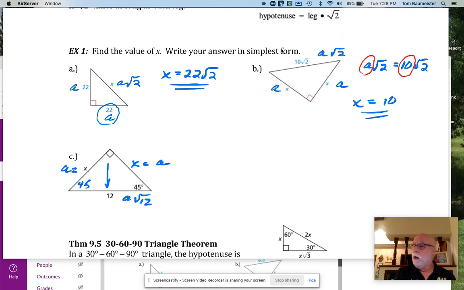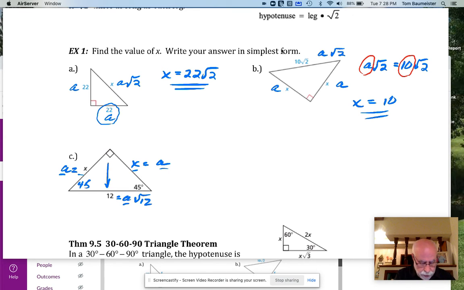On this one, I always tell people, look at the one where you only have one variable, and you're going to solve for that one variable. On here, I have an x and an a. I can't solve for that. Same here, an x and an a. I can't solve for that. But on this one here, I have just one variable, my a.